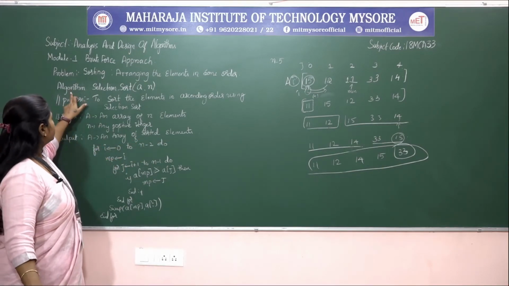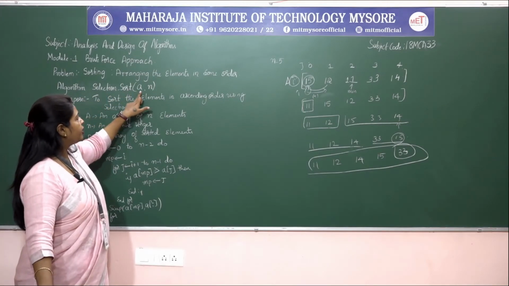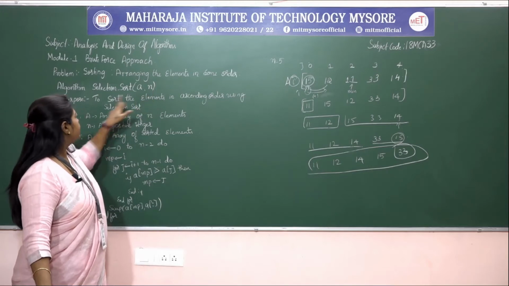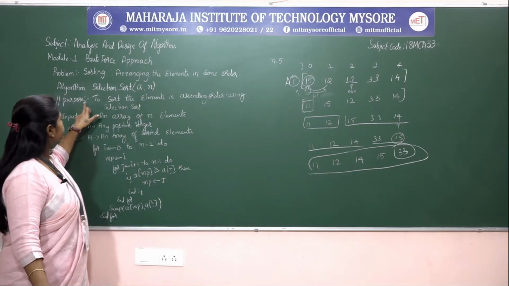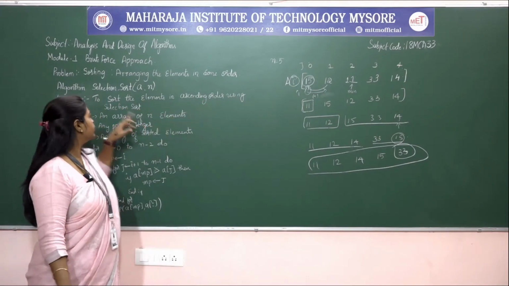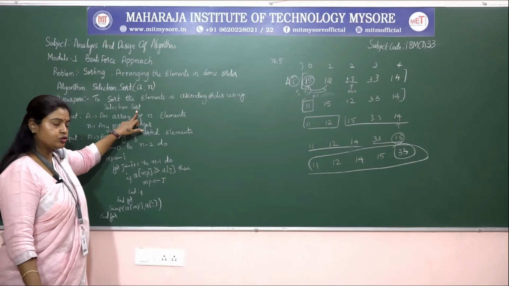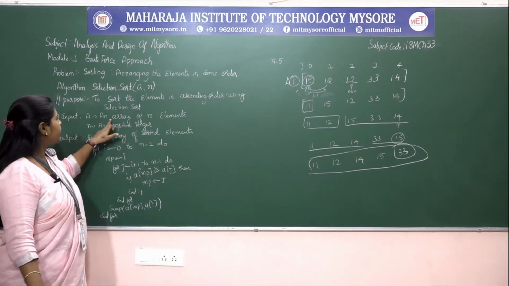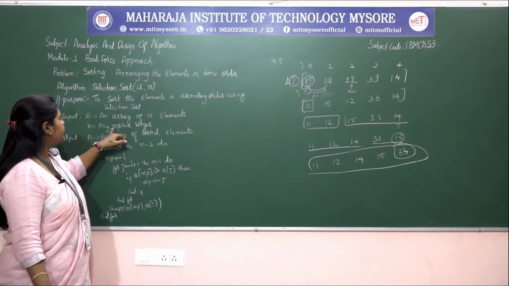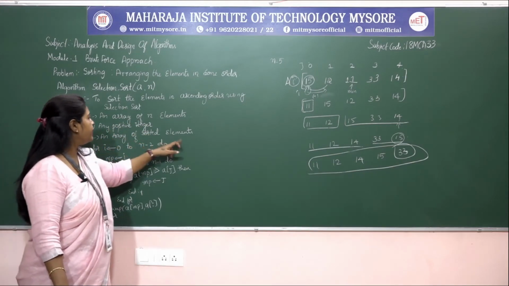So the algorithm is selection sort. The parameter is an array of n elements. What is the purpose of this algorithm? To sort the elements in ascending order using selection sort. Inputs are an array of n elements where n is any positive integer. Output is an array of sorted elements.